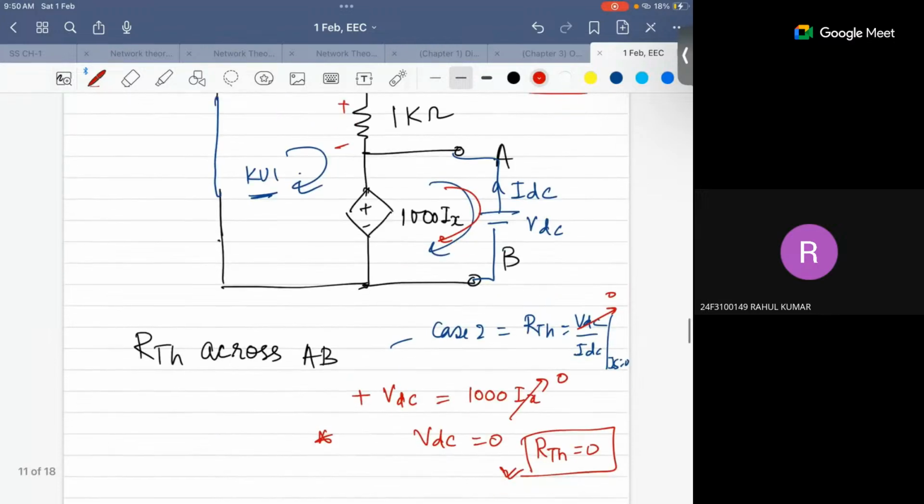So everything is possible. But you don't get confused about how a resistance value can be 0. We are not talking about any particular resistor where the value of resistance is 0. We are just talking that the equivalent circuit resistance is coming out to be 0 because there were some dependent sources in that. Clear?